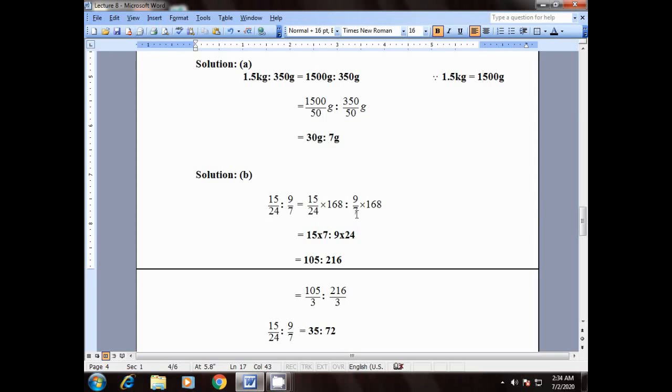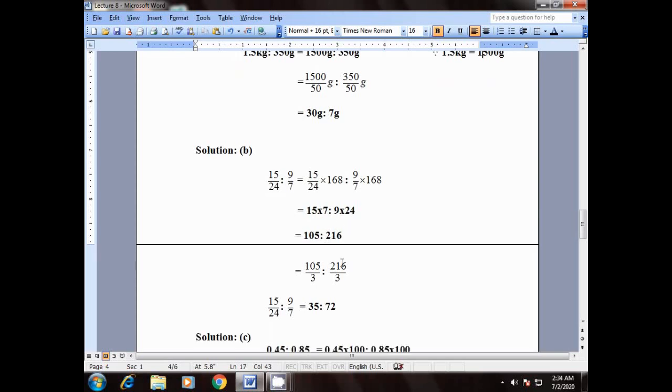Same as 7 times 1, 7. 7 times 24, 168. You see, we have removed the fractions, the denominators. Now let's multiply 15 by 7. The product is 105. Ratio, let's take the product of 9 and 24. 216.